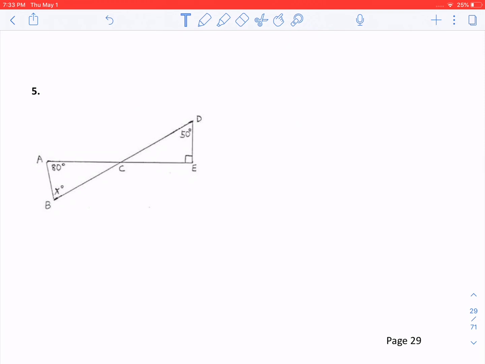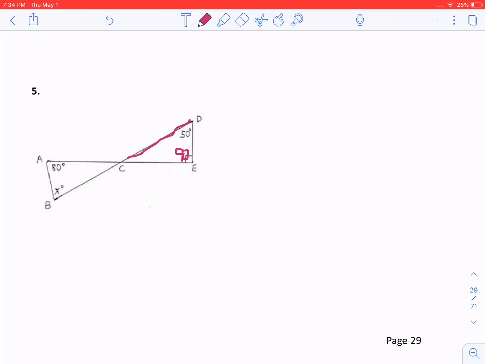All right, next example. Now, we have a couple things that we need to fill in. So right away, I see that this is a 90-degree angle. I think that's all we can fill in now. Now, we just learned in the beginning of this lesson that the three angles in a triangle will add up to 180 degrees.